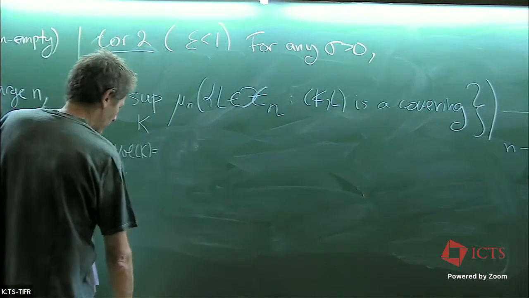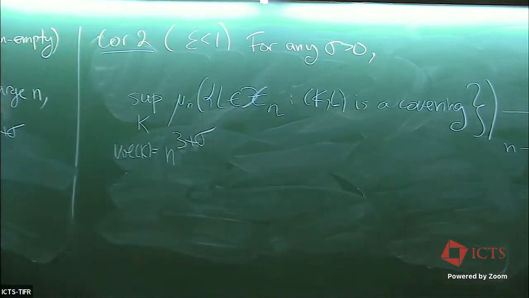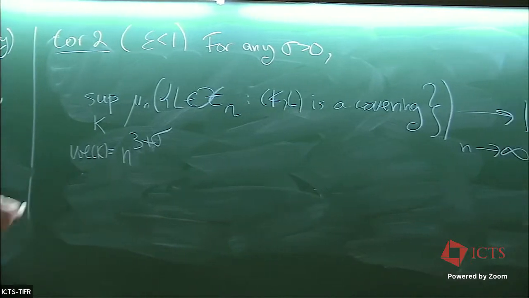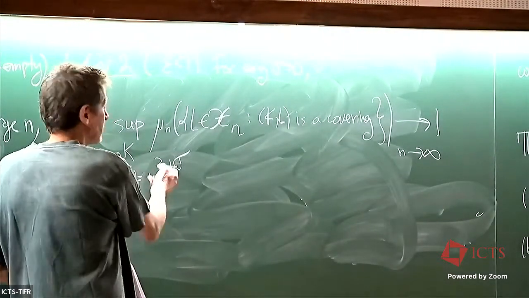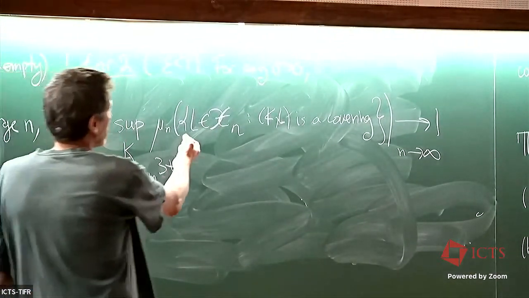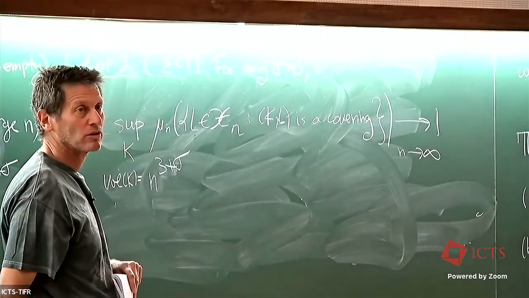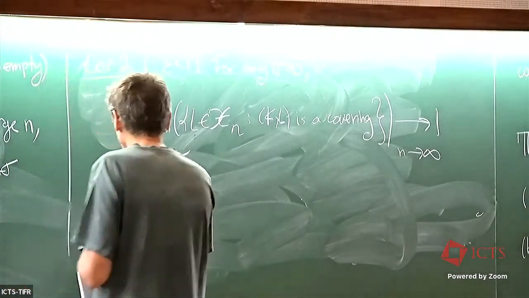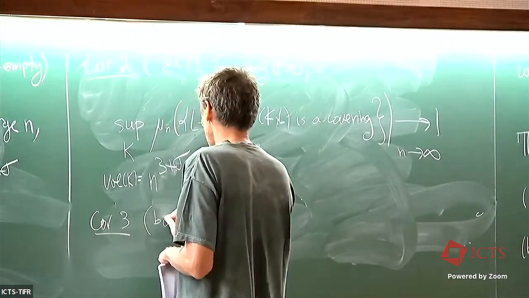You'll see why this is an important distinction. What I really meant is n to the power 3 plus sigma, not 3 to the power. Okay, so again, if you take convex sets and they have this volume in Rn, their volume is a little bit more than n cubed, then they're going to cover with very large probability going to 1 as the dimension goes to infinity.